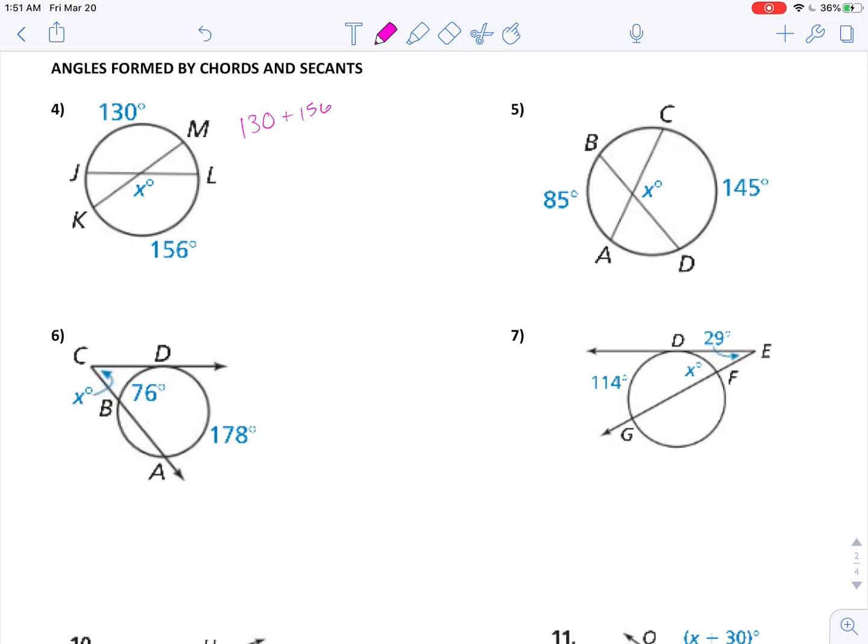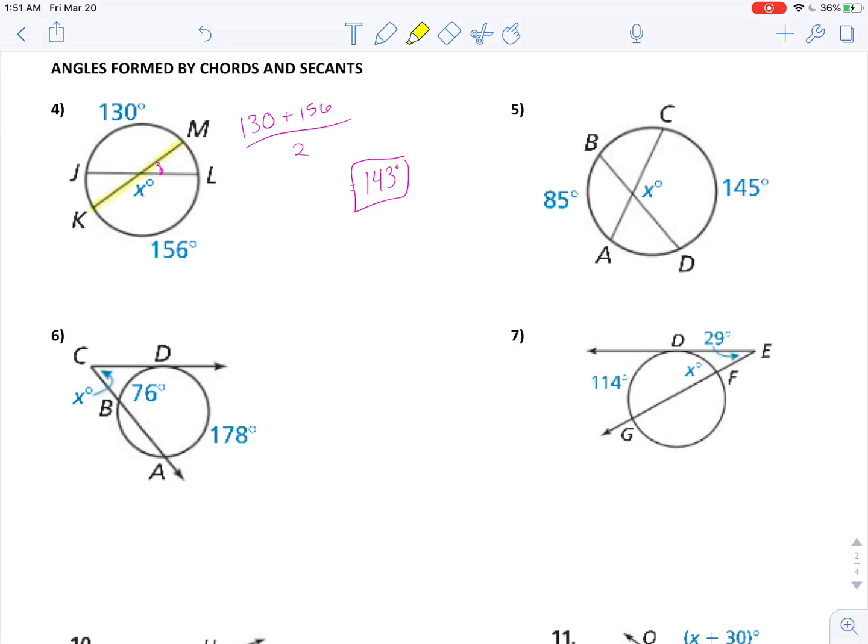So we will take 130 and 156, and we can add those. Very positive thing to be inside. But then we've got to divide by 2. So what is it? 286 over 2. X must be 143.